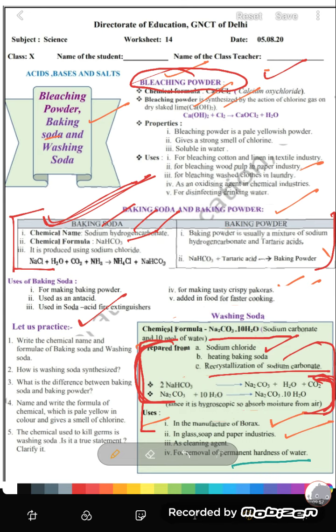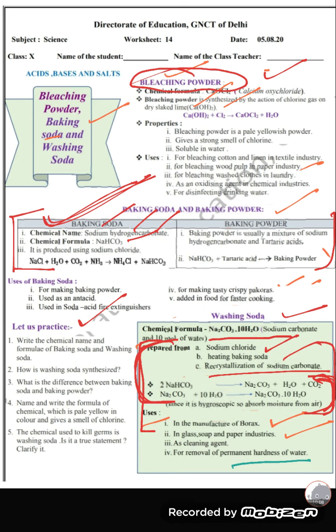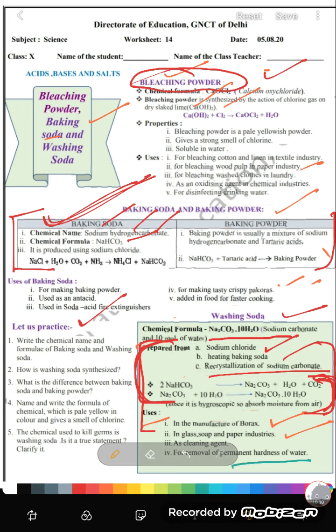And the chemical used to kill germs is washing soda. Is it a true statement? Washing soda, yes, it is used as a cleansing agent, so you can use washing soda as a chemical used to kill germs.